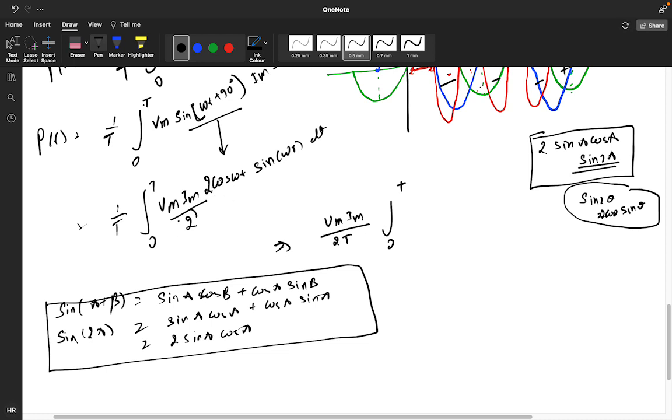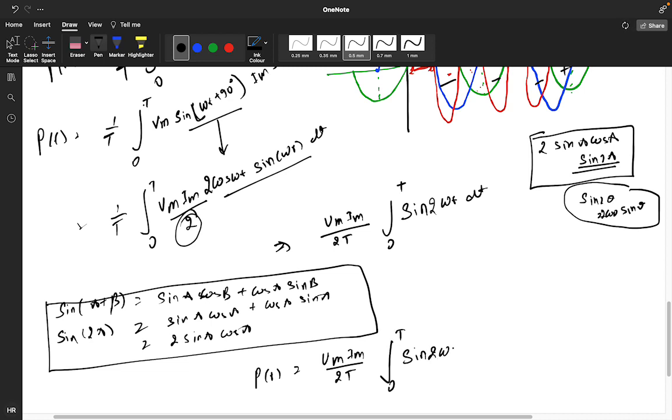That's why we have multiplied the denominator and numerator by 2. So you will get the formula of sine 2 omega t into dt. So P is equal to Vm into Im by 2T, integral 0 to T of sine 2 omega t into dt.